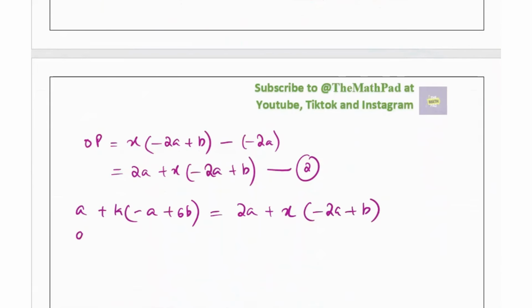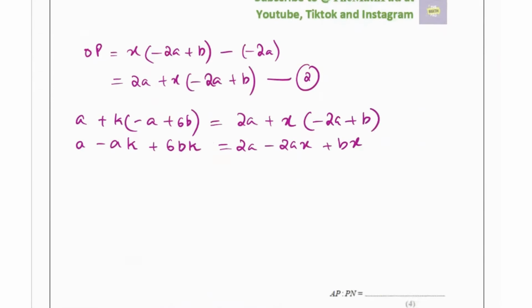So if we expand the bracket, that's A minus AK plus 6BK equals 2A minus 2AX plus BX. So if I highlight, this is going to be equal to this, and this is going to be equal to this.